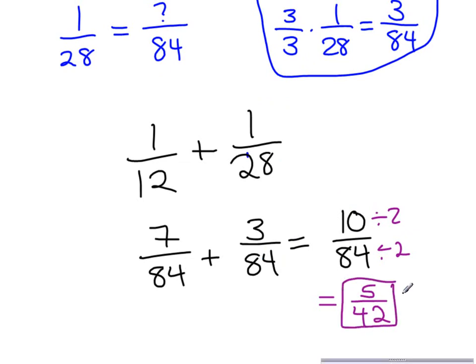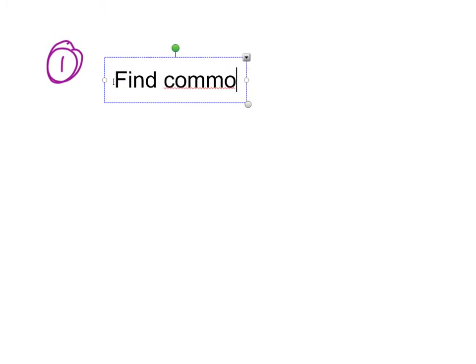Okay? So what we are going to have to do when we add fractions, let's recap this horrible mess, right? The first thing we're going to have to do, oh, my pen has wigged out. The first thing we're going to have to do is find, and I'm going to type it because I think it might be safer, the least common multiple, or the LCM, of the denominators.